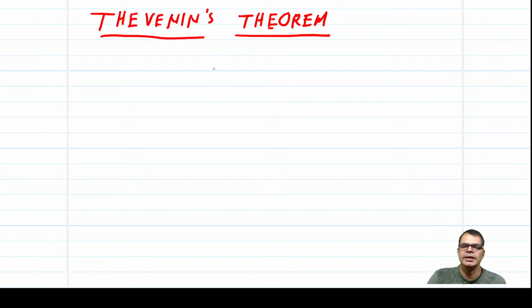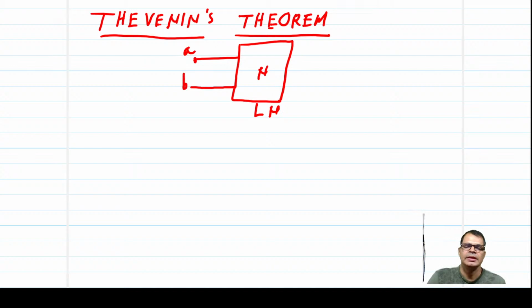So any linear network, okay, this is a linear network, any linear network can be replaced with a voltage source.